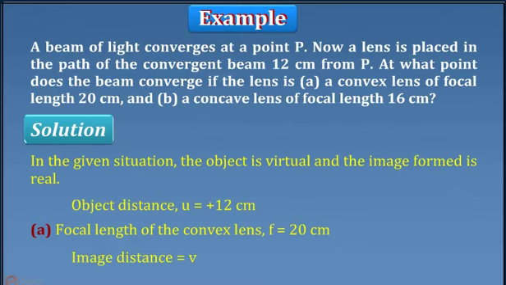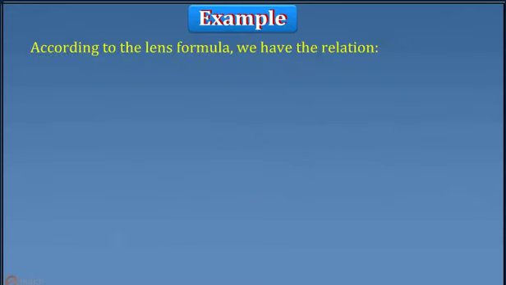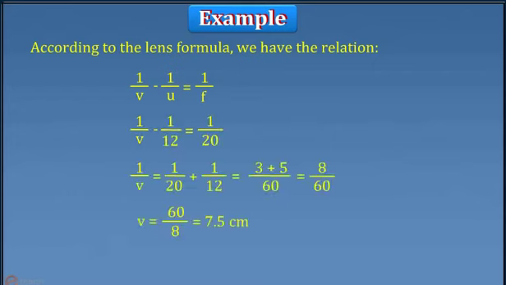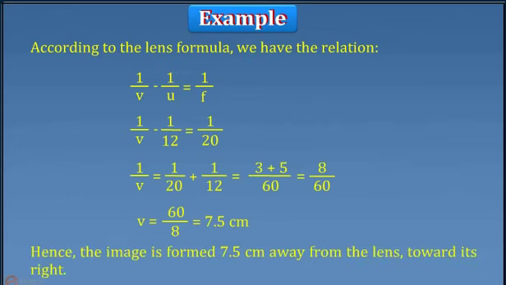Let the image distance be v. According to the lens formula, we have the relation 1 by v minus 1 by u is equal to 1 by f. On substituting u and f, we get v is equal to 7.5 centimeters. Hence, the image is formed 7.5 centimeters away from the lens toward its right.